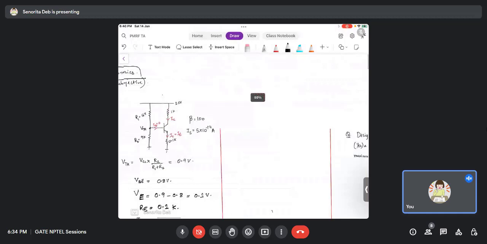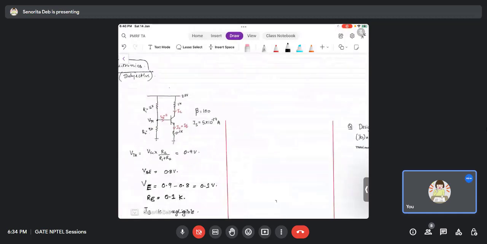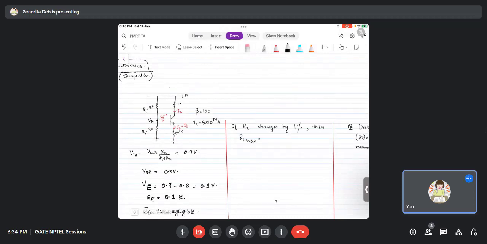If R2 changes by 1%, then what is the new R2 value? 9 plus 9 into 1 by 100, 9.09 kilo ohms, right? Clear?